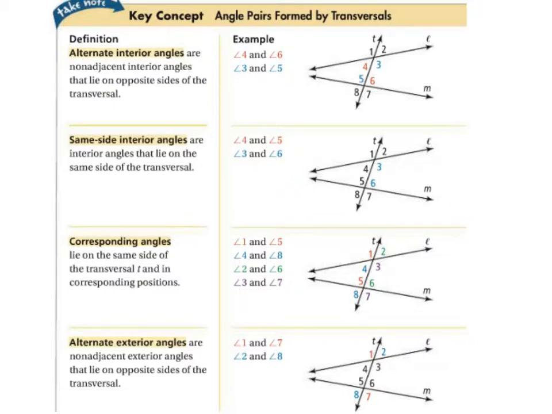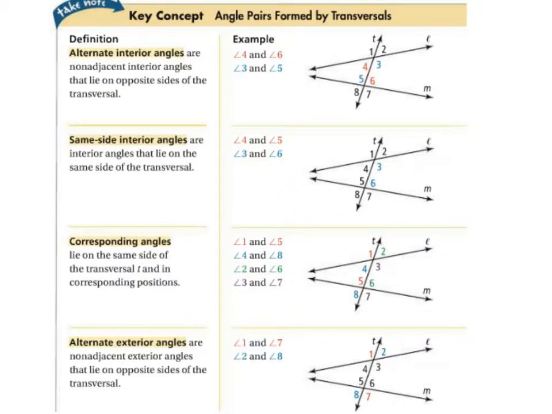Those are called exterior. So these are interior angles. The outside ones are exterior angles. And then once you decide if you're looking at an interior angle or an exterior angle, we also compare to where they are in reference to the transversal. Are they on the same side, like 4 and 5 are on the same side? Or are they on alternate sides of that transversal, like 4 and 6 are on alternate sides?